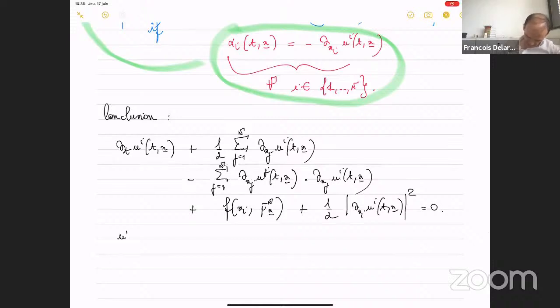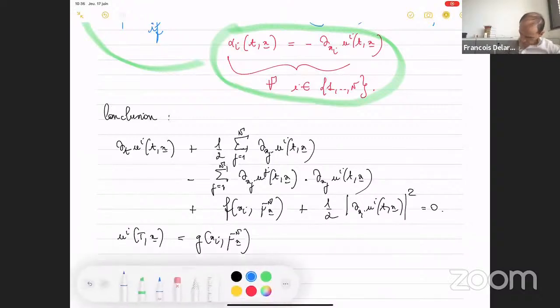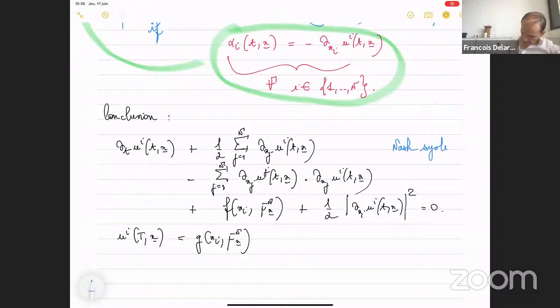And you have the boundary condition u^i(T, x) is g(x_i, mu bar^N(x)). Well, this is really what you have to call the Nash system here. I'm sorry for those of you who know this already, but this is absolutely necessary to get this system in order to understand what I'm going to do.